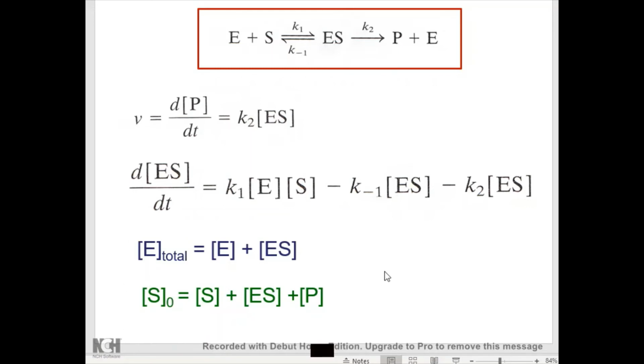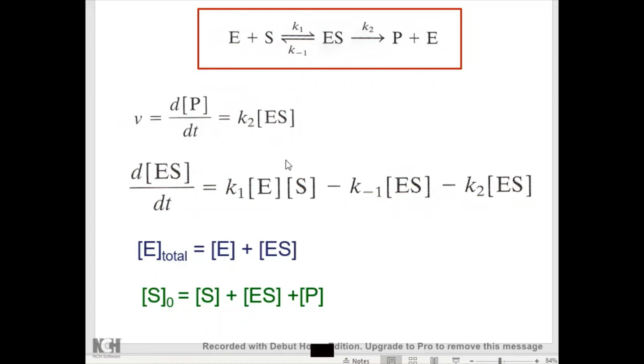However, we don't know any other parameters, which are rate of the product accumulation and rate of the enzyme substrate complex accumulation. We don't know the enzyme substrate concentration, enzyme concentration, or substrate concentration, or product concentration. So altogether, we have 6 unknown values. So the system of equations cannot be solved.